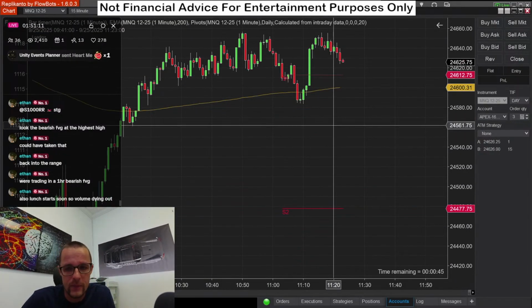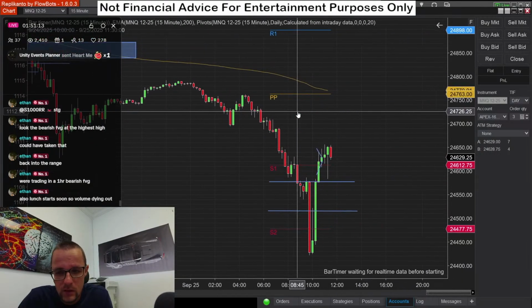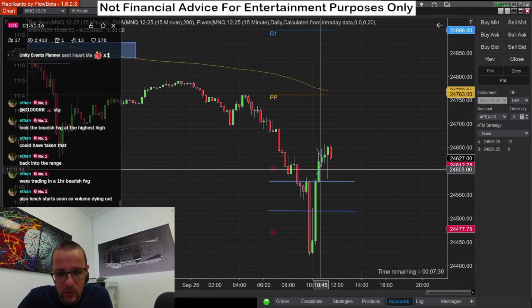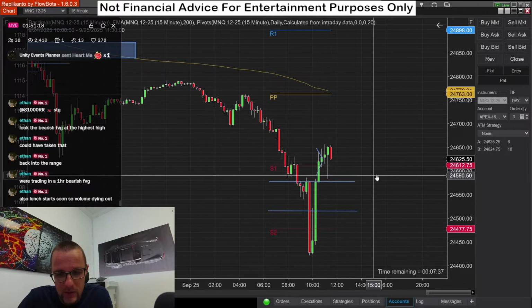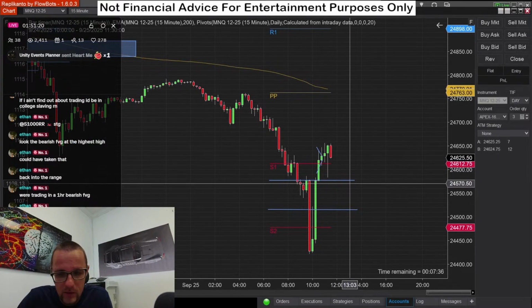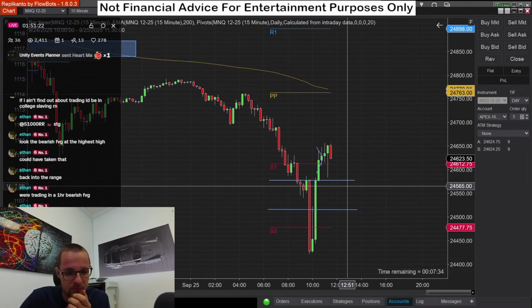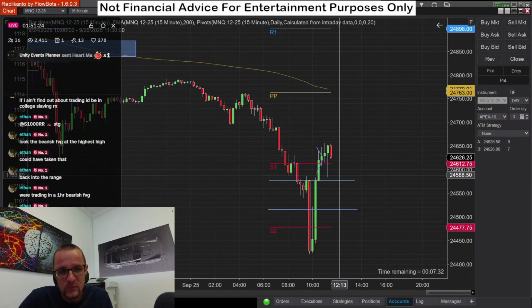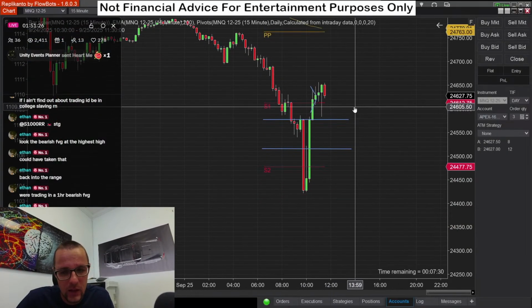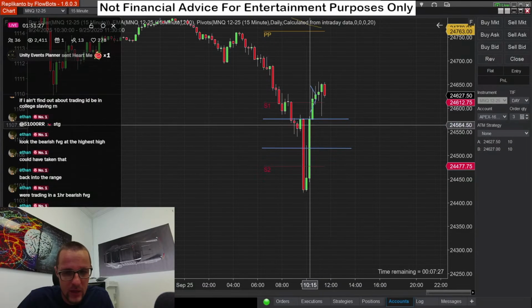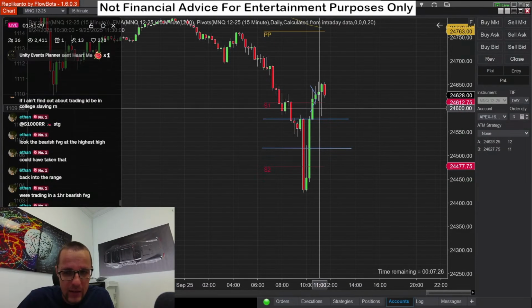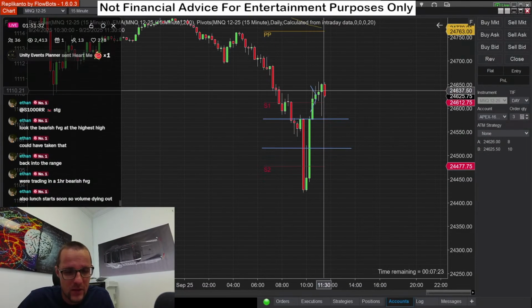Quickly look on higher time frames. Yeah, we filled in this bullish imbalance right there. That's why you've got to keep an eye out on what's going on the higher time frames, right? We had this pullback. We filled this bullish imbalance to rip back up.